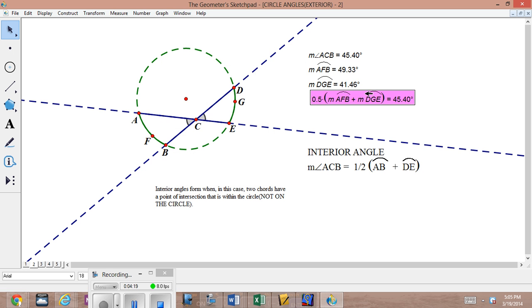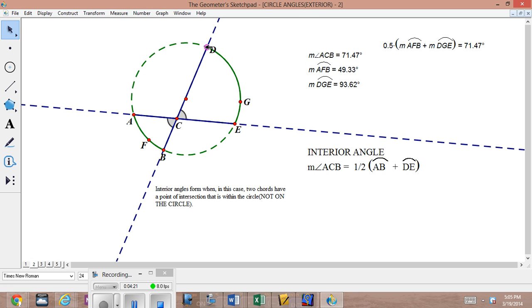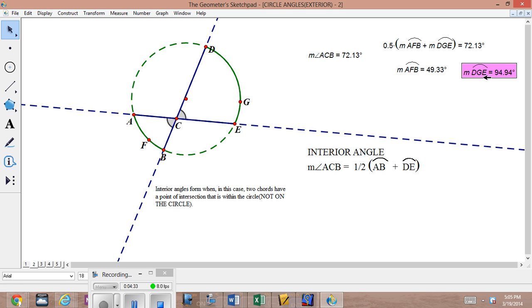It will always equal that angle. Move it around, and there's a larger arc over here, but the measure of this angle involves these two arcs; add them, and then cut in half. So there's your formula: the interior angle is 1/2 the sum of the two arcs.